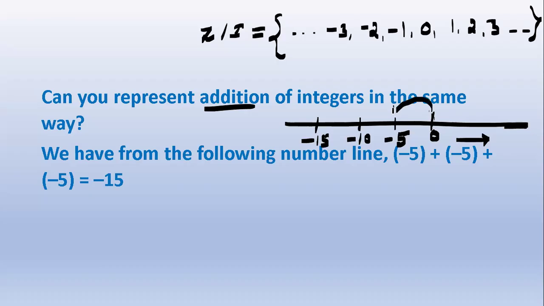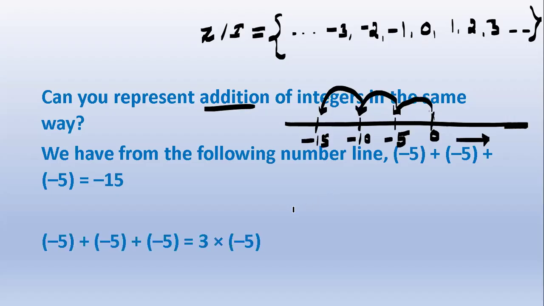Move 0 to -5, -5 to -10, -10 to -15. This is -5 plus -5 plus -5. It gives -15. That means 3 times -5 gives -15.